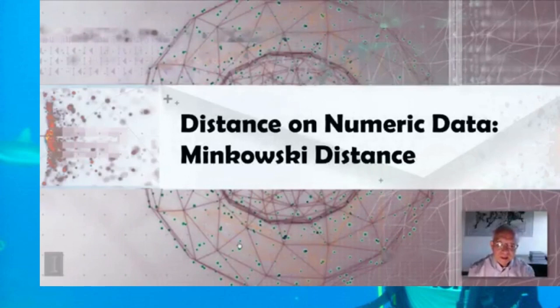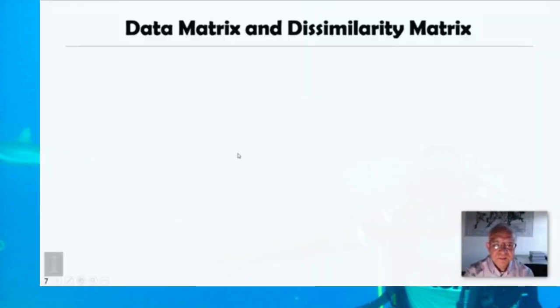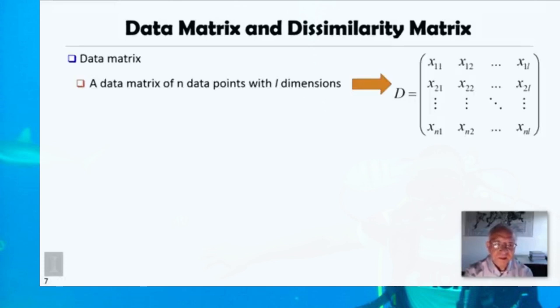Now we examine section 2, distance on numerical data, Minkowski distance. We first introduce the data matrix and the dissimilarity matrix, or distance matrix. The data matrix is represented in the typical matrix form: we have n data points, so we use n rows, and we have L dimensions, so we use L columns to represent this data set.